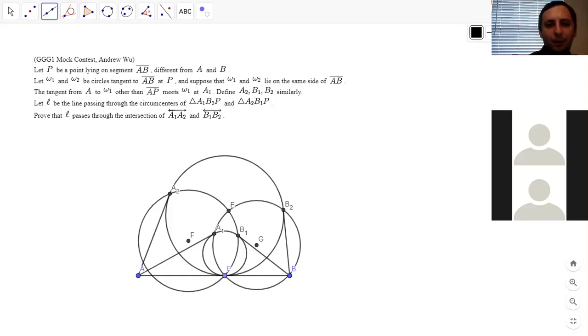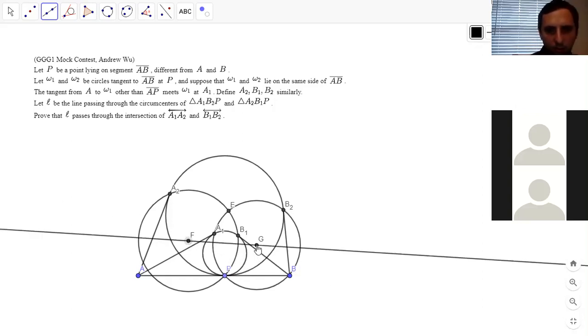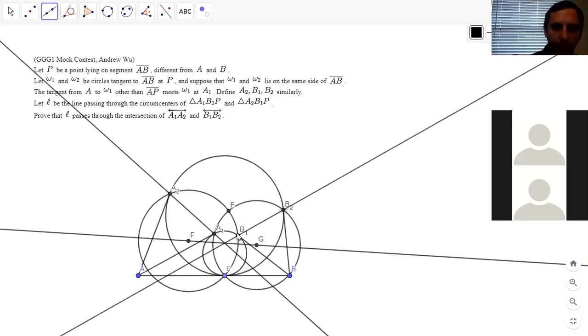Desargues is kind of my first thought when it comes to concurrency, but sometimes there's an easier way. Yeah, with all these tangent lines, maybe Monge's theorem does something.